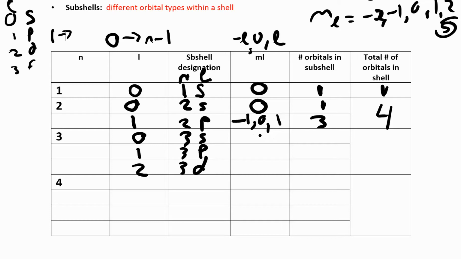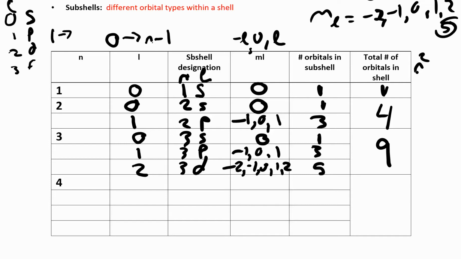If L is 0, ML is 0. Then I have -1, 0, 1. Now I have -2, -1, 0, 1, or 2. I have 1 in this subshell, 3 in this one, and now I have 5. I'm just counting up how many numbers I put there, and then I add all these up. 5 plus 3 plus 1 is 9. This number over here is always going to be n squared.